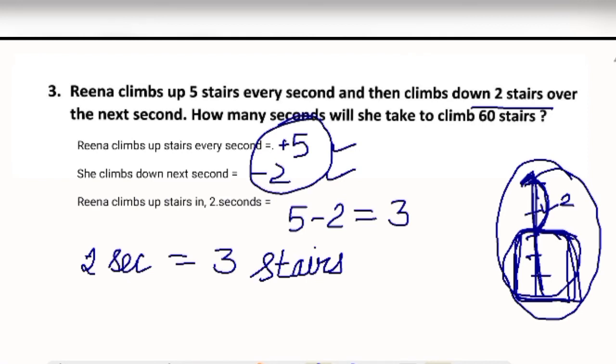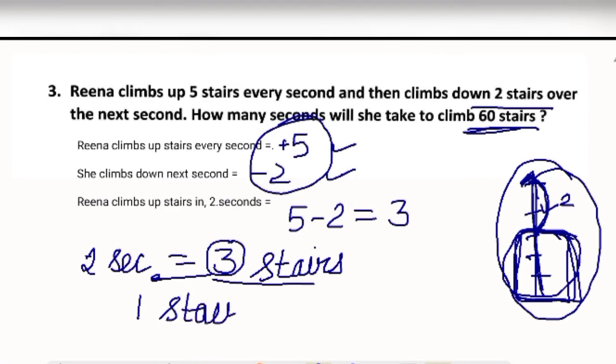Okay, they are asking for 60 stairs. So firstly we will find for one stair. If you want to find for one stair, this will be in the denominator. One stair Reena covers in 2/3 seconds.